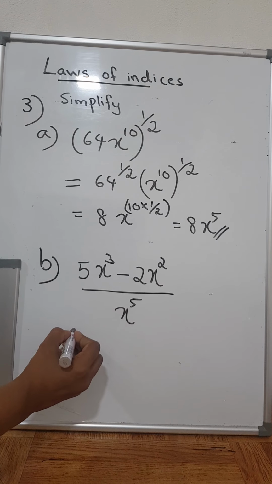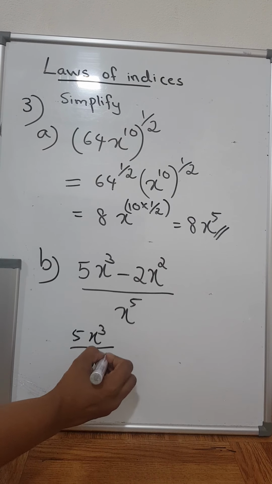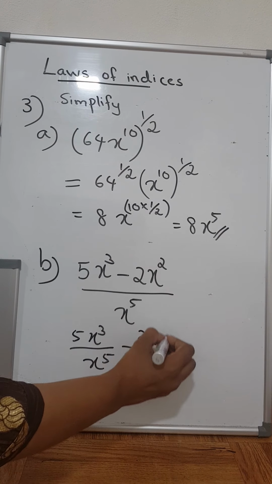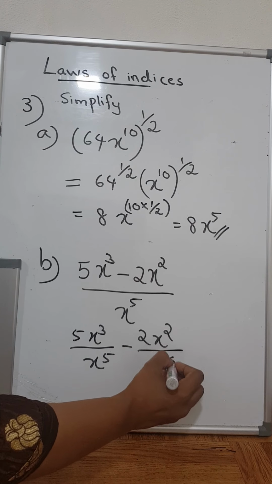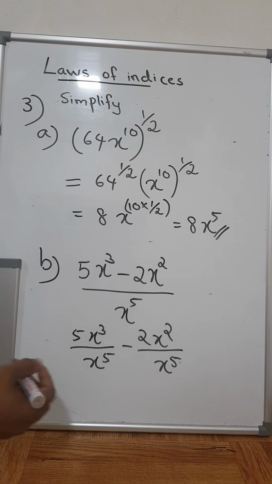So this becomes 5x cube divided by x to the power 5 minus 2x square divided by x to the power 5. Now you see, we can use the division law. 5x to the power 3 minus 5, that is x to the power minus 2, minus 2x square, 2 minus 5 is minus 3. So 2x to the power minus 3. It's very interesting, right?